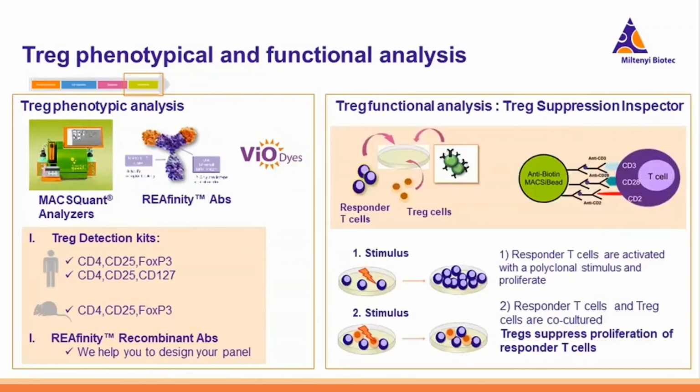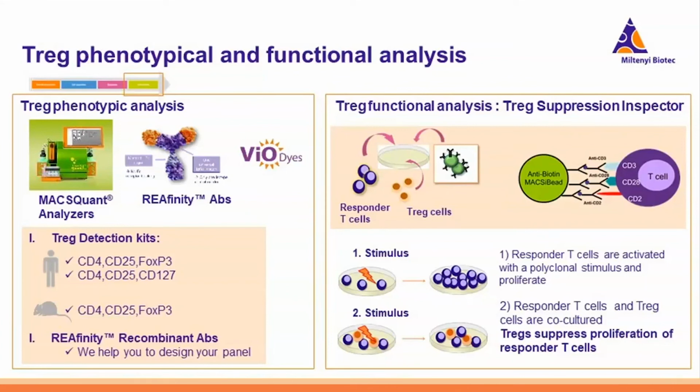And let's have a look at our Treg functional analysis. I would recommend you to use the Treg Suppression Inspector kit. What is it? This kit is the proof of the efficiency of your separation and expansion steps because it shows you the functionality of your final Treg yield. In this kit, we have Treg Suppression Inspector, which is a polyclonal stimulus, MACSiBeads coupled to CD3, CD28, CD2.